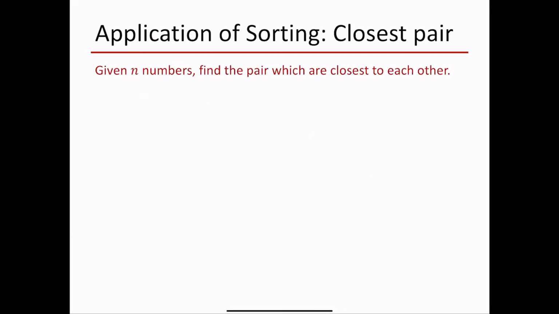So let's do an application of sorting: find the closest pair. Let's think about it for one minute. Given n numbers, find the pair which are the closest to each other. How can you find it?